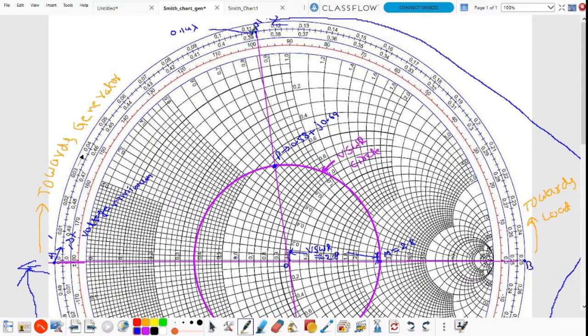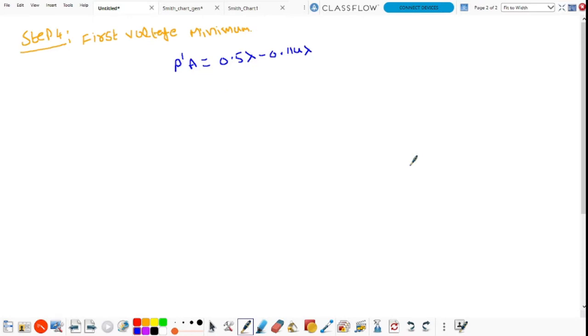Sorry, this is approximately 0.114 lambda, not 0.14. So that is equal to 0.5 lambda minus 0.114 lambda, which is 0.386 lambda.